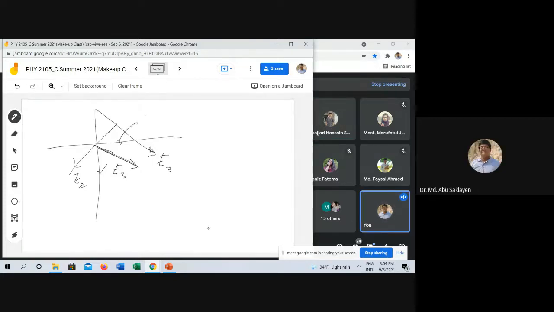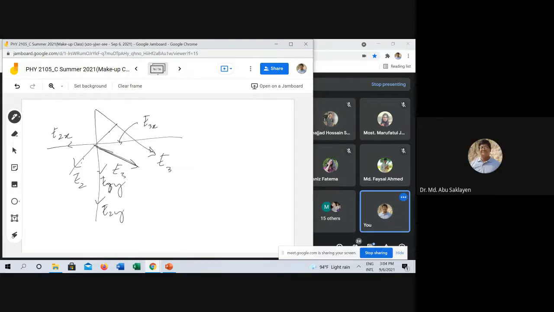This is E3X and this is E3Y. E2 also has two components, one along the negative X-axis and one along the negative Y-axis. This is E2X and this is E2Y.